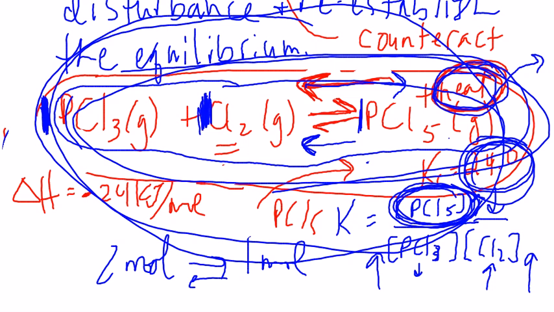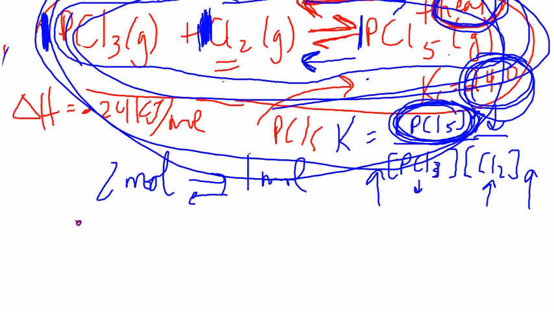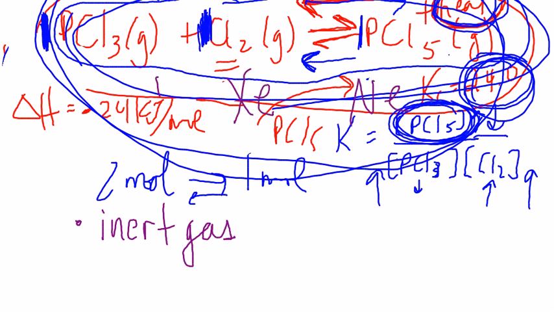Interestingly, something that does not have an effect on this system would be the addition of an inert gas, such as xenon or neon or helium. While one could see it increases the pressure of the system, it does not increase the partial pressure of our gases.